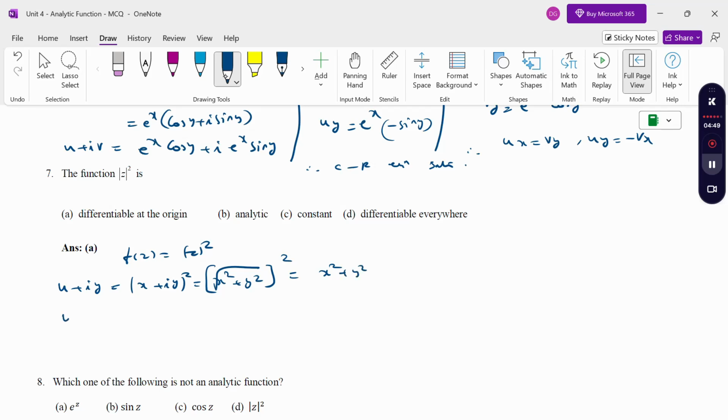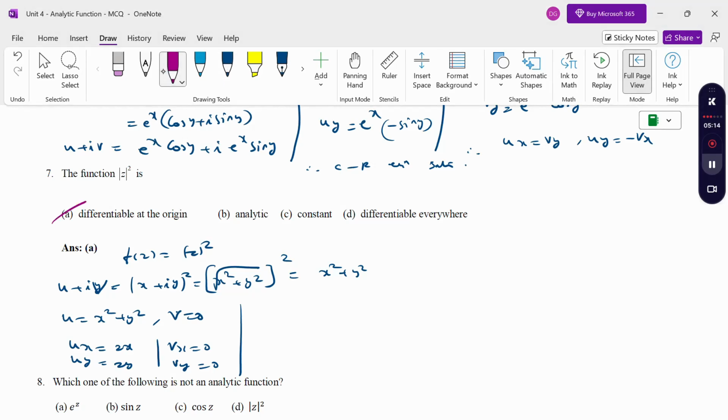Now the real part is u equal to x square plus y square, and v is 0. So ux equal to 2x, uy equal to 2y, vx equal to 0, vy equal to 0. Now it's not an analytic function, but when z is 0, then it is possible for it to be differentiable. Therefore option A, differentiable at origin. Origin means z equal to 0.